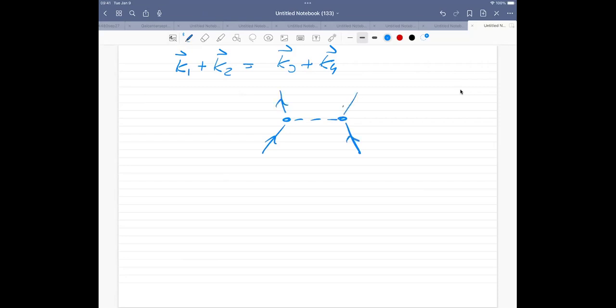So if we look at the matrix elements we have been looking at, we have a K1 here, we have a K2, we also had a sigma 1, sigma 2, and sigma 3, which we're leaving out. And then we have a K3 and a K4. So what we are saying now is that the momentum of the two incoming particles has to be equal to the momentum of the two outgoing particles.